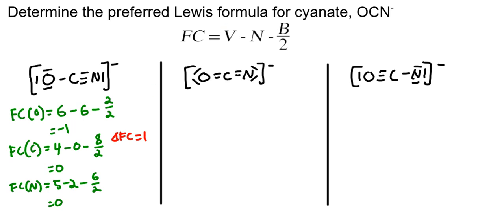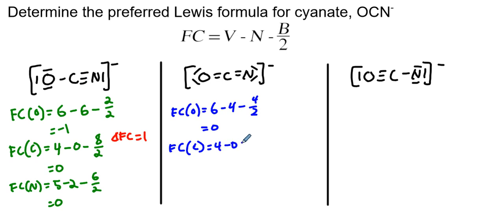All right, let's repeat this process now for our second option. Formal charge of oxygen, I'm going to go a little bit faster. It's 6 valence electrons minus 4 non-bonding minus 4 over 2. That's going to give us a 0 formal charge. Formal charge on the carbon, and you'll notice that this carbon here has the same bonding and lone pair structure as before.